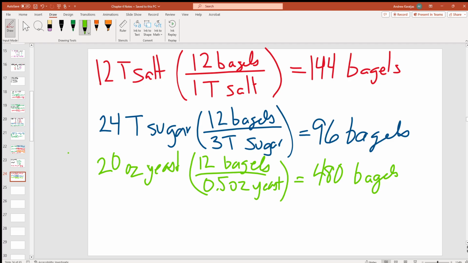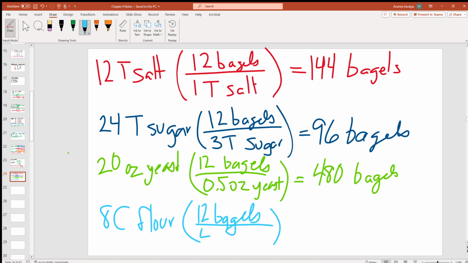And then our final one, we said we have 8 cups of flour. Our recipe requires 4 cups of flour, so our flour is actually only going to allow us to make 24 bagels.